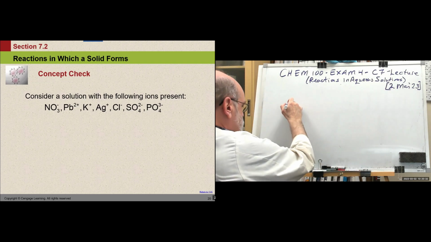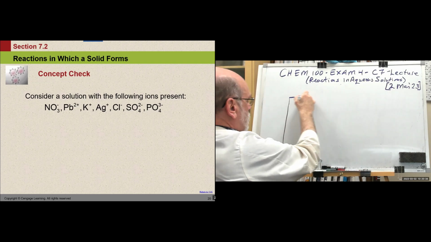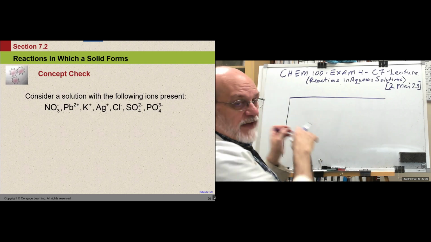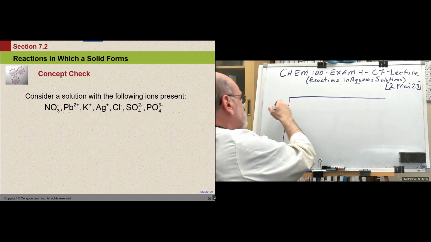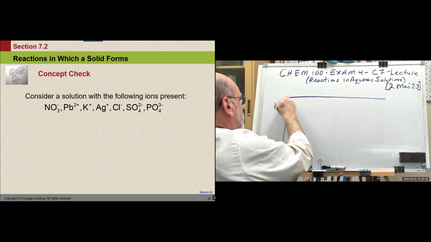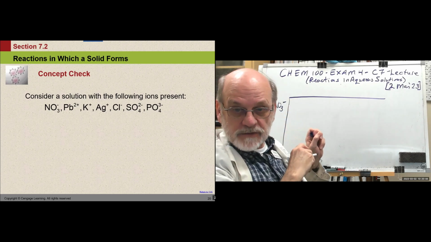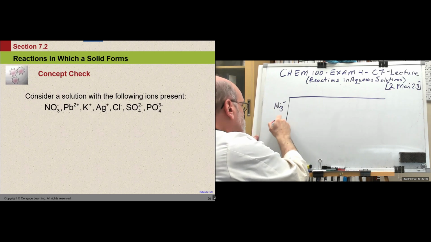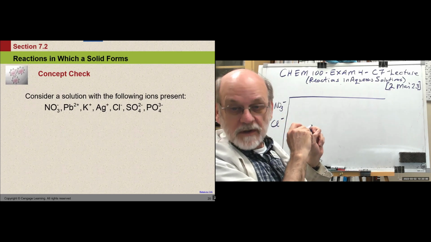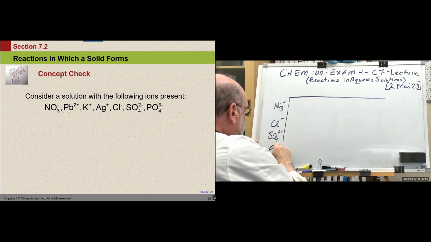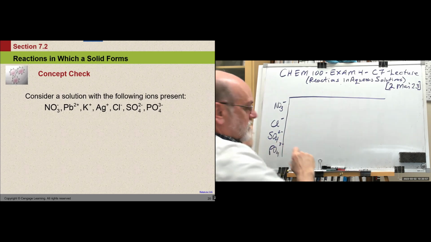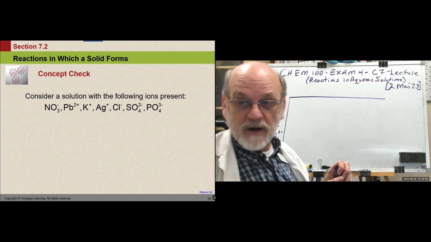Okay. So we have a chart here. And down the left-hand side, we want the anions. Nitrate is one. Chloride is another one. Any more? Sulfate and phosphate. Those are our anions.